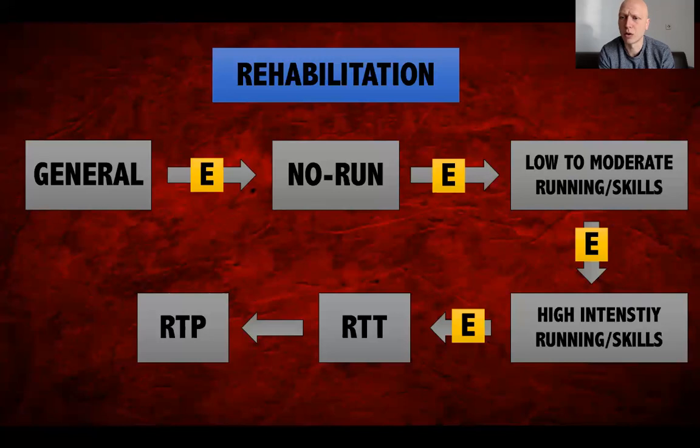So later on, if muscle strength becomes better and range of motion is almost perfect, optimal, we will move to higher intensity running and higher intensity skills practices, and with good evaluation after the high intensity phase, we can talk about progress into return to train and return to play part of the rehab, the latest stages basically of sport rehabilitation.